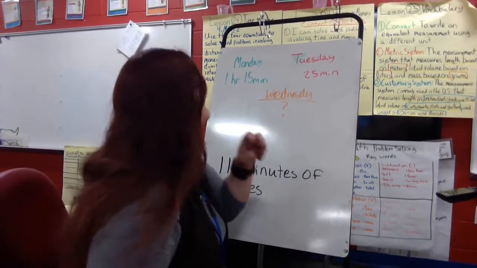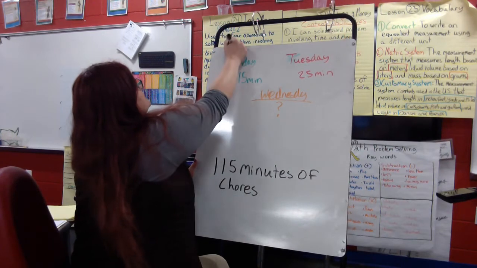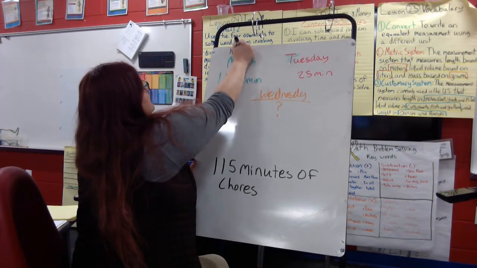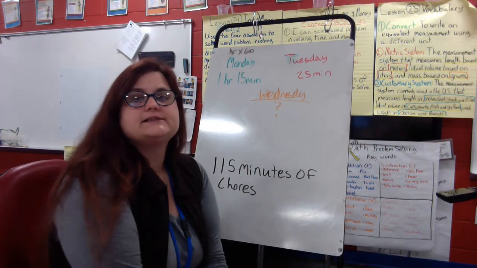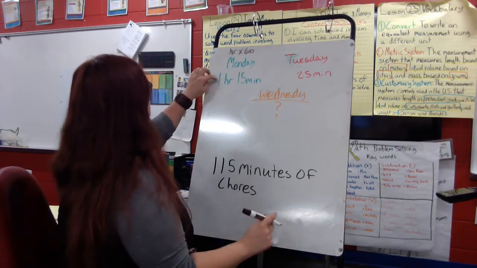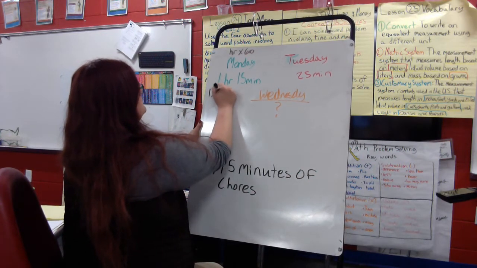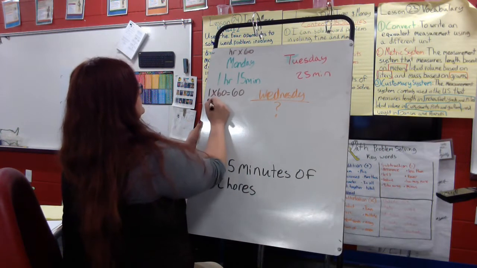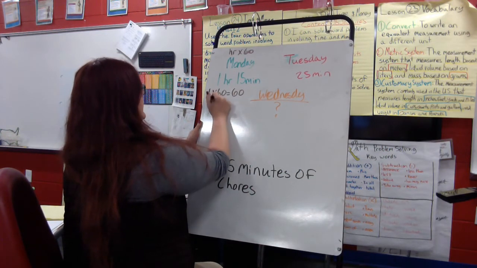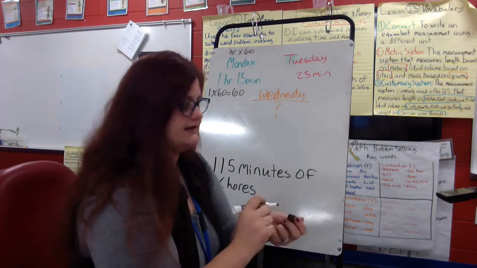Well, my conversion formula for time, for hours, would be hour times 60, because there are 60 minutes in an hour. So all we need to do is put this 1 up here and say 1 times 60 is 60. So how many minutes? We have, on Monday, we did 60 minutes. Let me change colors again.